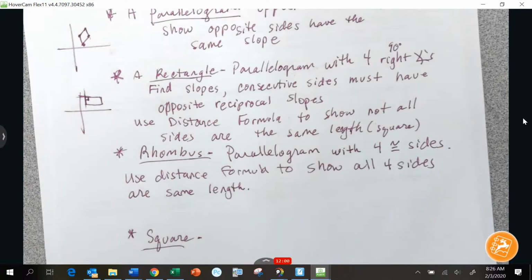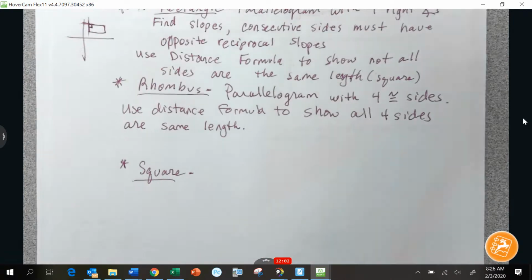All right, so I wrote, use distance formula to show that all 4 sides are the same length. Now, if they are all the same length, it's a rhombus or a square. So how do I know for sure that I've got a rhombus and not a square?